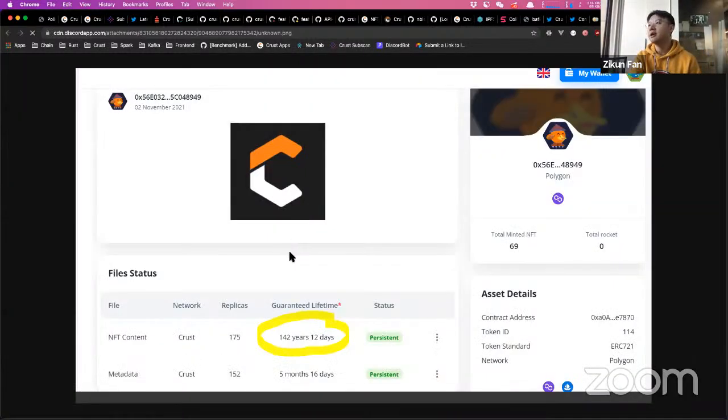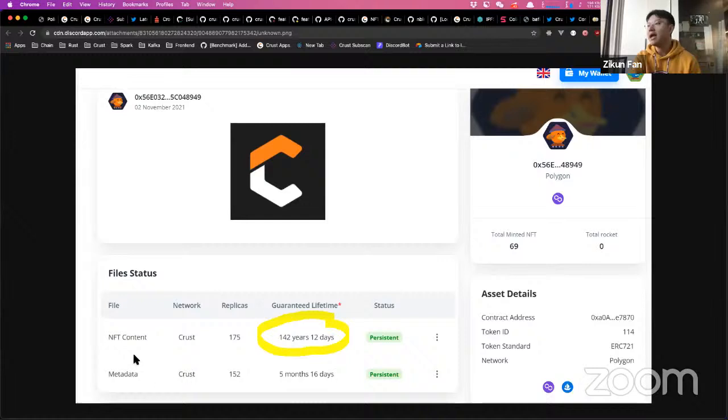Yeah, that's a screenshot of this one. You just put 1.0001 CRU into the prepaid, and it can store for more than 100 years. With this function, you can customize your storage duration, unlike Arweave, where everything stored is kept for 200 years.